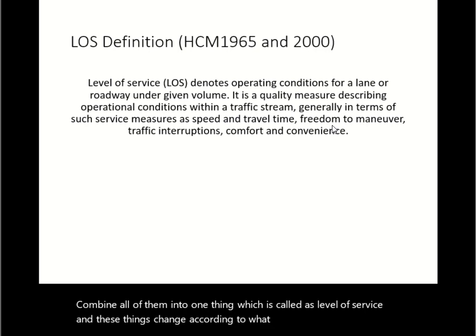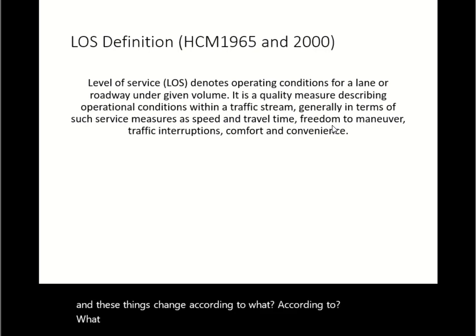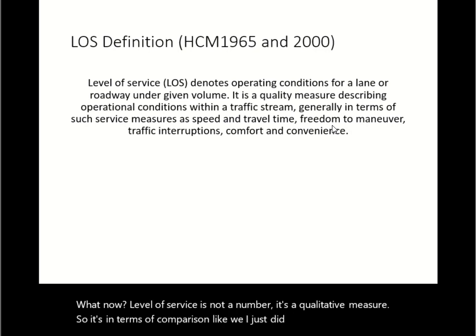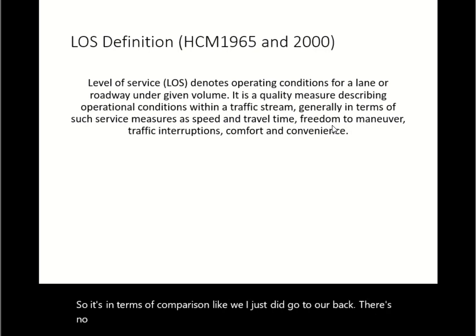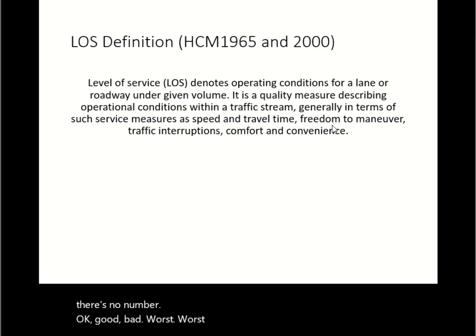According to what? Got it? Now level of service is not a number, it's a qualitative measure. So it's in terms of comparison, like I just did, good or bad. There's no number. Good, bad, worst. So it's in comparative terms.